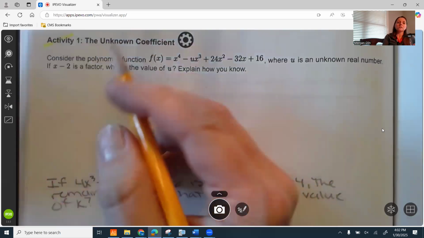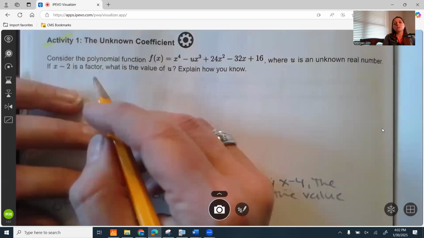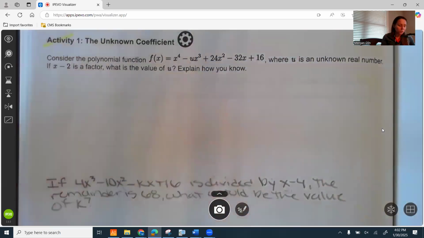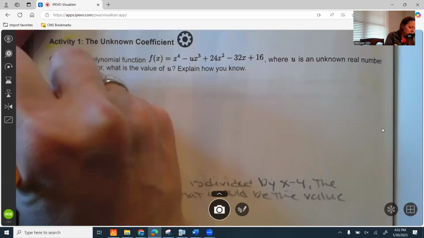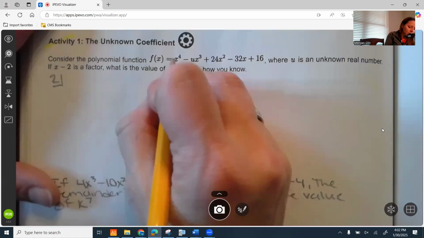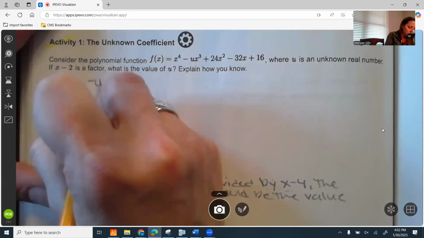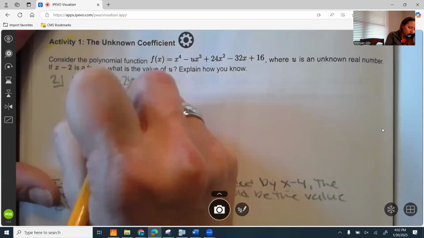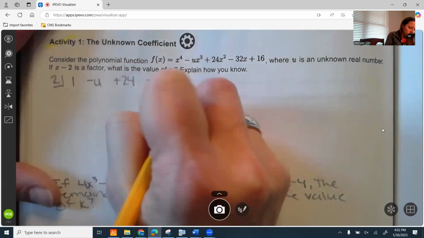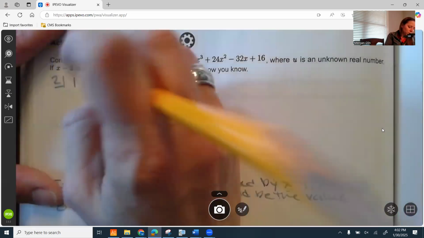That means if we know it's a factor, we can do division. You could set up synthetic division, put a 2 here, and then put our coefficients. There's a u there, so we put u. You don't have to put plus 24, but you can.